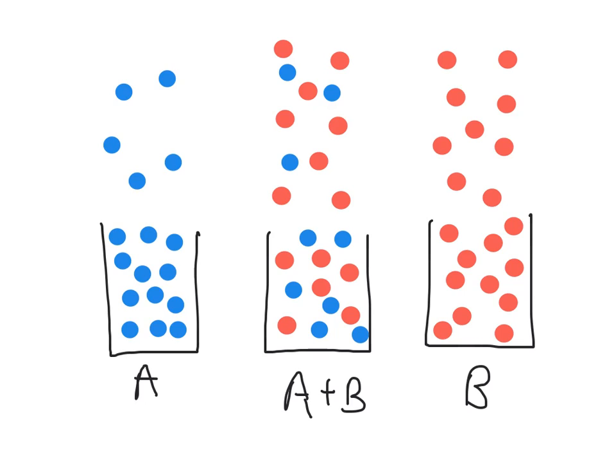Now let me just point out that when we have two components, the chemistry of those molecules, or the interaction of those molecules, can change the vapor-liquid equilibrium. So when these molecules of B and A interact with each other, that can change how volatile these molecules are. So for instance, here I show you 5 A molecules in the gas phase, whereas here there's only 3 A molecules in the gas phase.